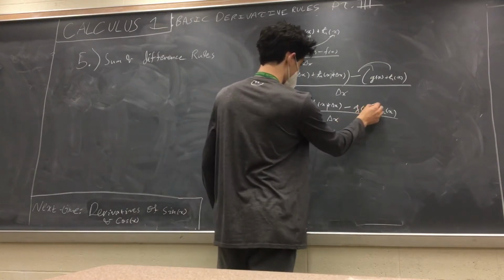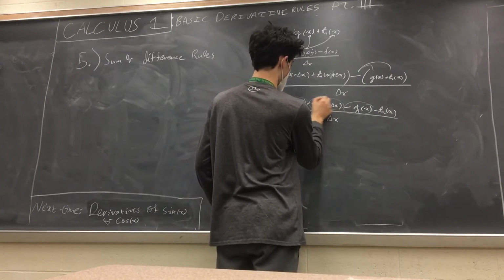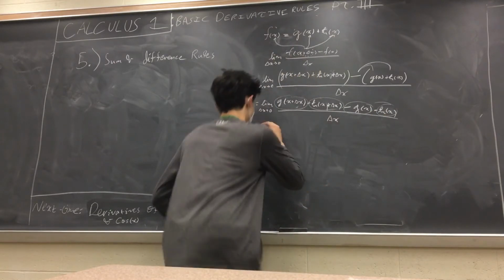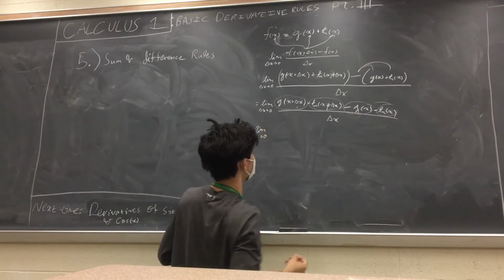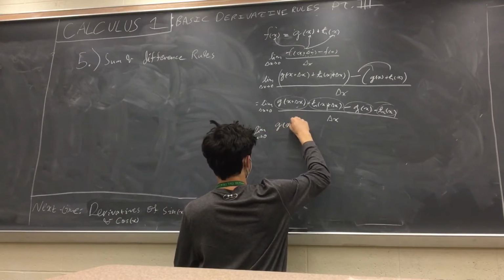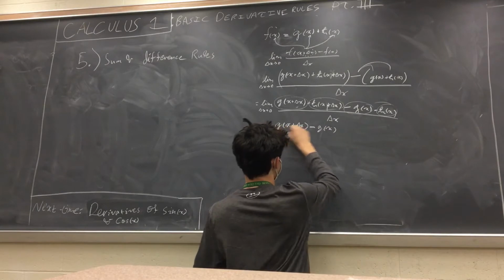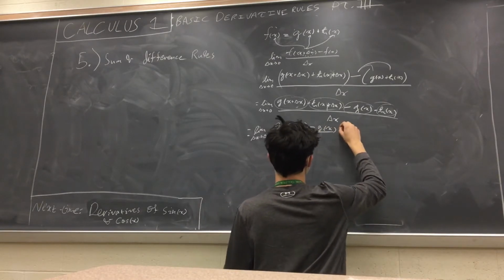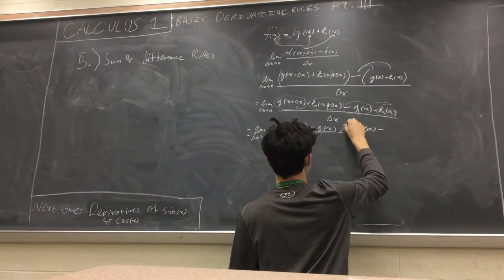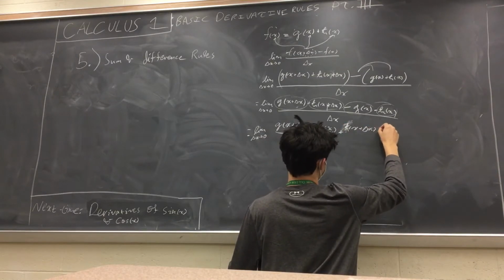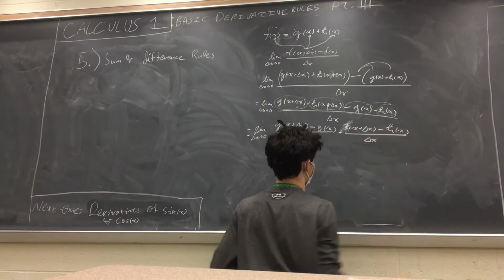Now we compare this minus g of x with this g of x, compare this h of x plus delta x with this minus h of x. This gives us the limit as delta x approaches 0 of g of x plus delta x minus g of x over delta x plus h of x plus delta x minus h of x over delta x.